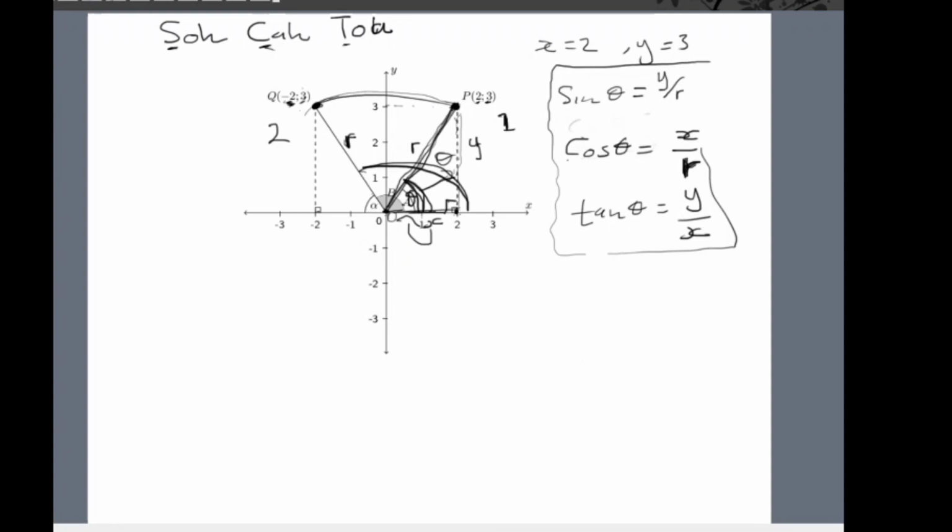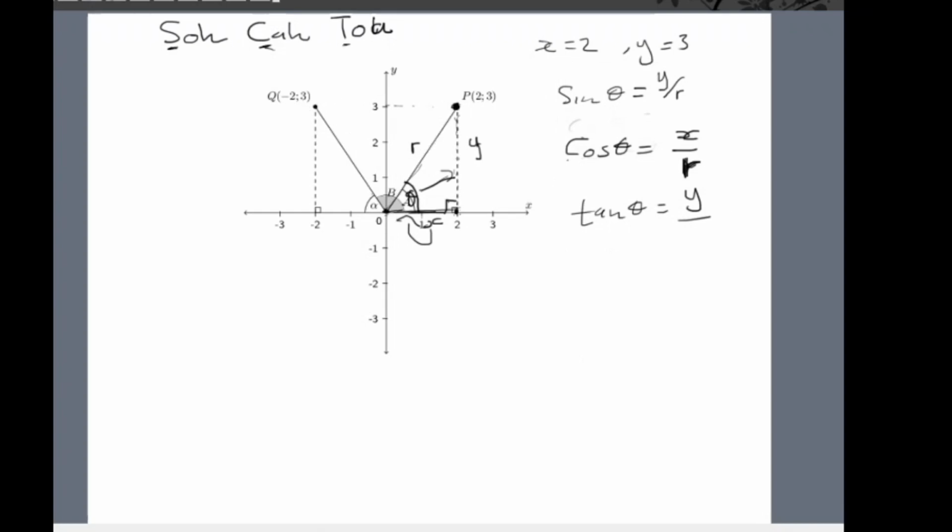Okay, going back, let us rewind. Now as well, we define the values of the trigonometric ratios in the first quadrant.